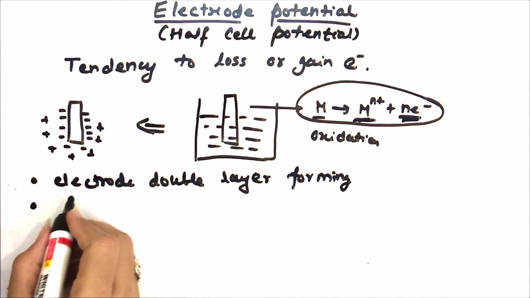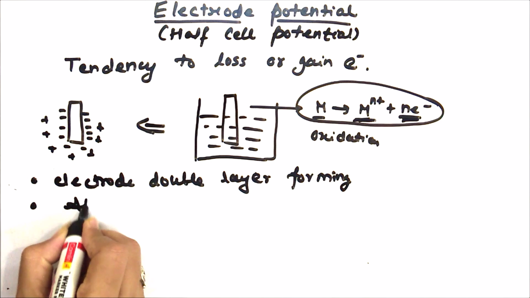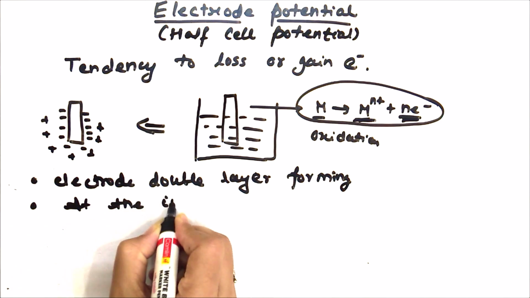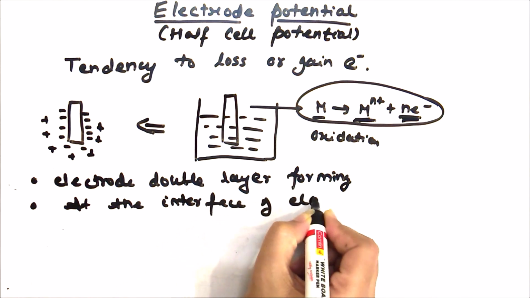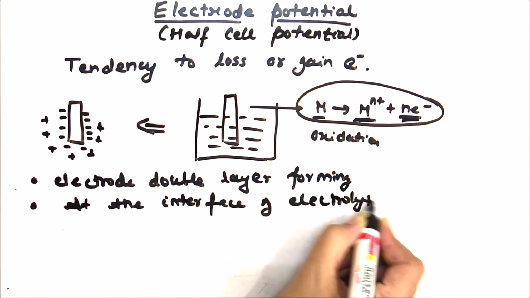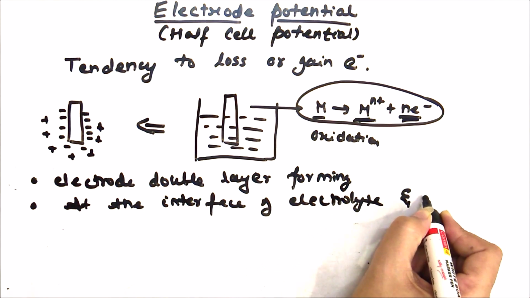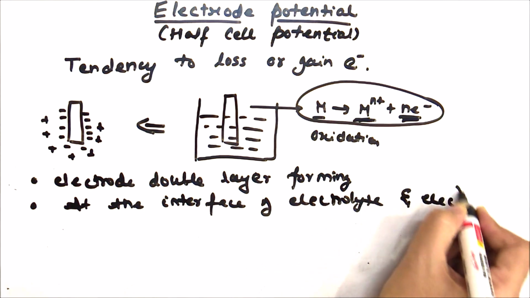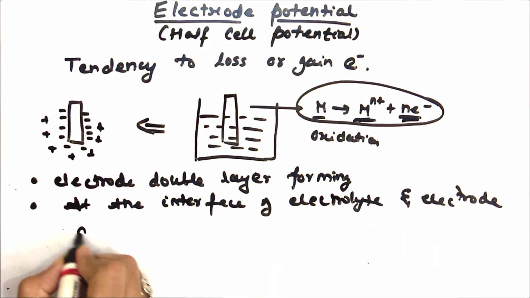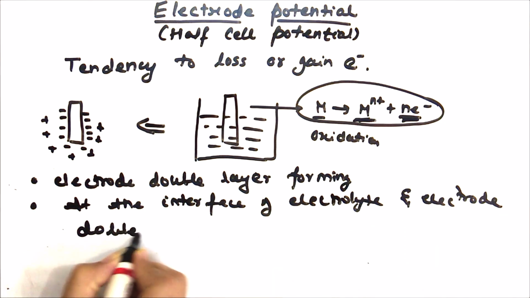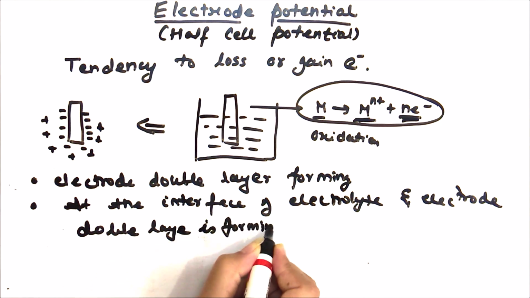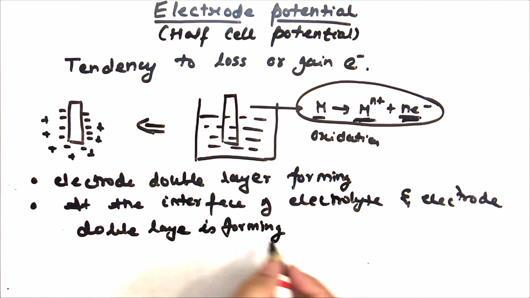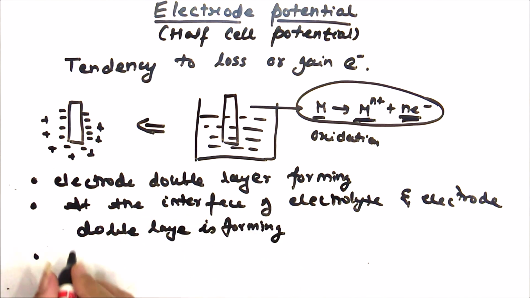You can also say that at the electrode and electrolyte interface, a double layer is forming, right? This double layer has an electric potential difference.